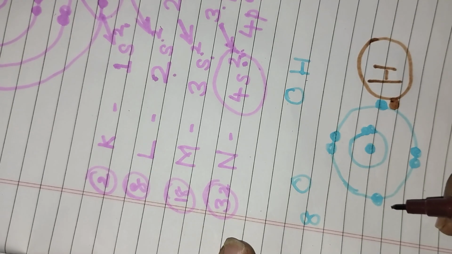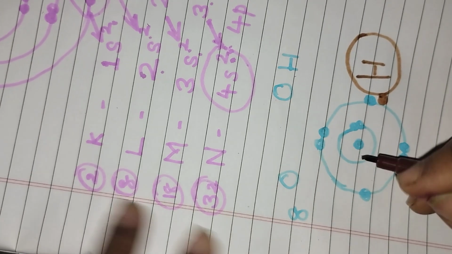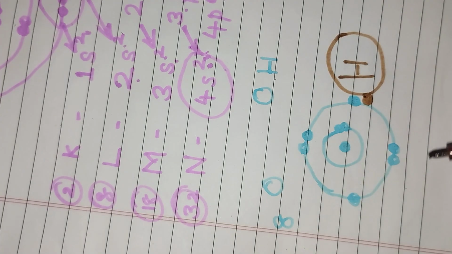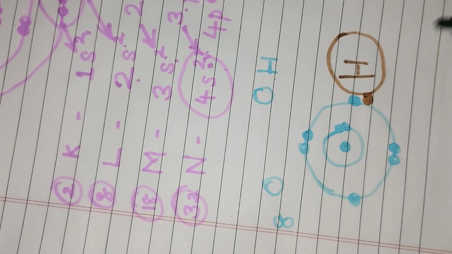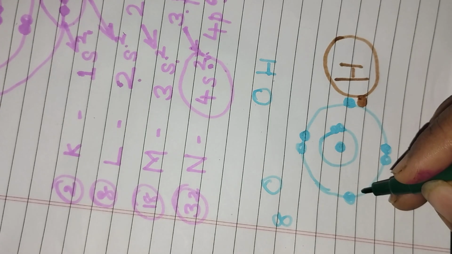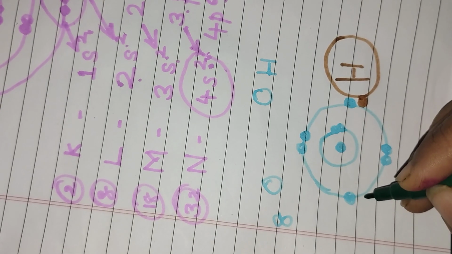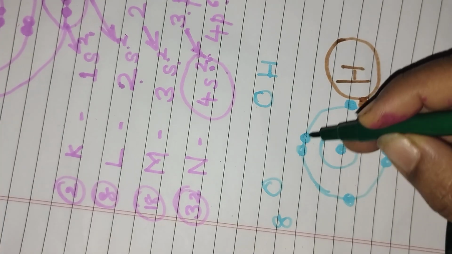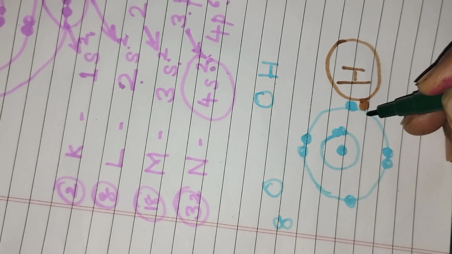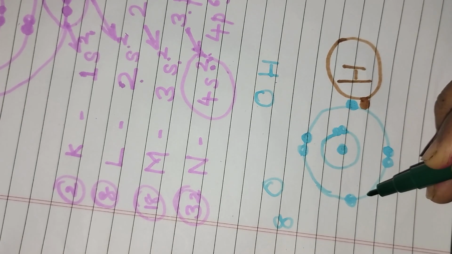The hydroxyl radical requires 1 electron in order to become a hydroxyl ion. It is in need of 1 more electron to complete the octet. Here hydrogen is sharing an electron with the oxygen, because of which there are 1, 2, 3, 4, 5, 6 and 7 electrons in the outermost orbital.